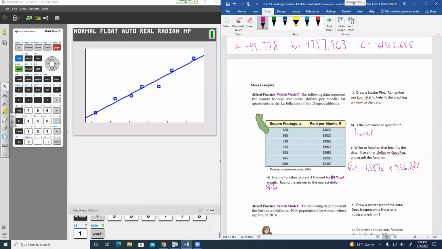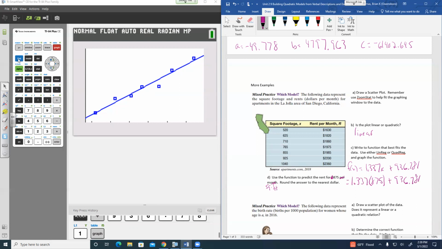All we really have to do is substitute the x of 875 into this function. Since it's not too hard, we can just use a calculator. 1.337 times 875 square feet plus 936.781. This should give us an idea of what the rent should be as a predictor.